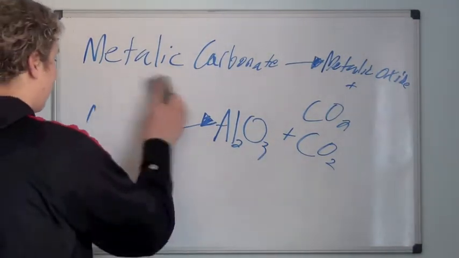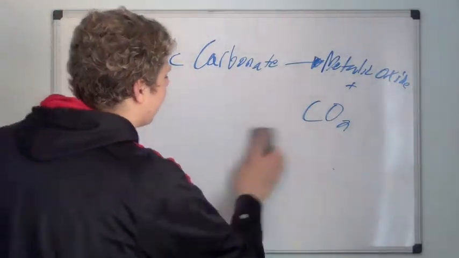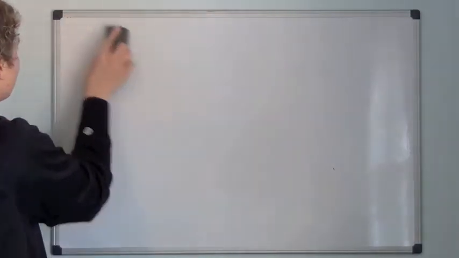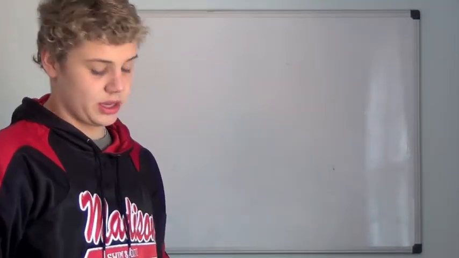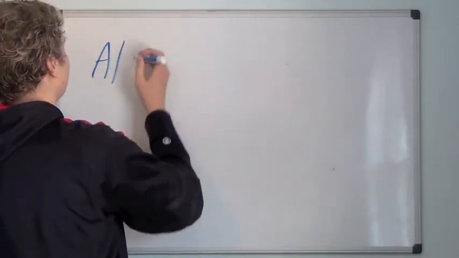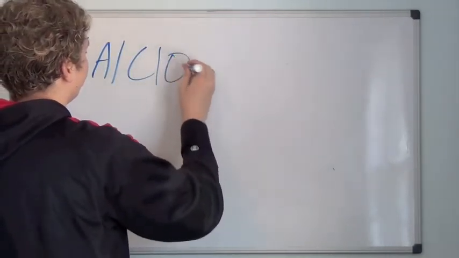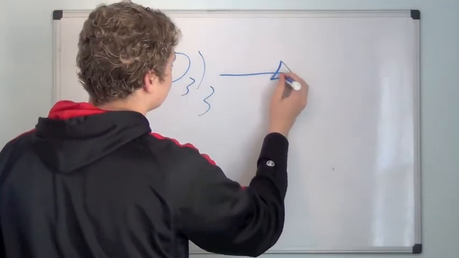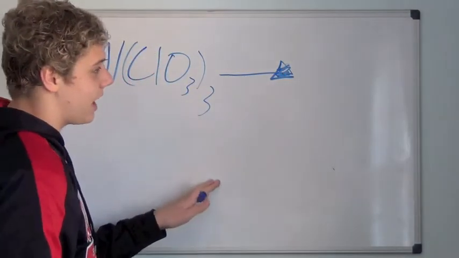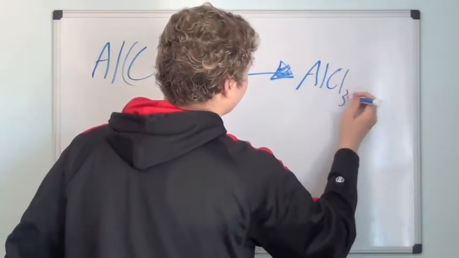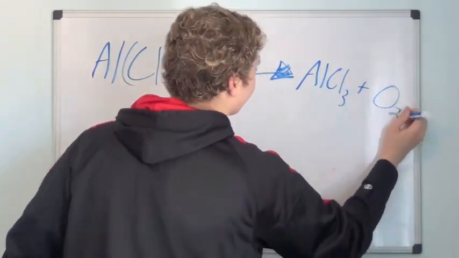And another one of these funny reactions that happens like that is metallic chlorates, which would be Al(ClO3)3 decomposes to form a metallic chloride, so AlCl3 plus oxygen.